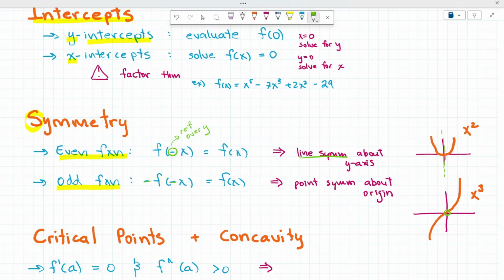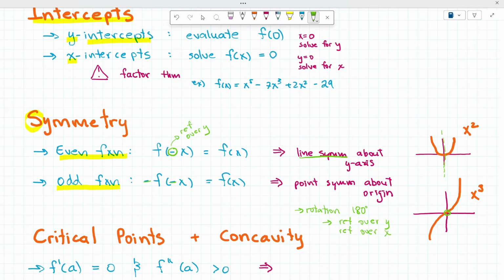So what that means is that you can do a rotation of 180 degrees about the origin, and after you do that rotation, you'll end up with your original function once more. So you can think of it either as that rotation, or as a reflection over y and then a reflection over x.